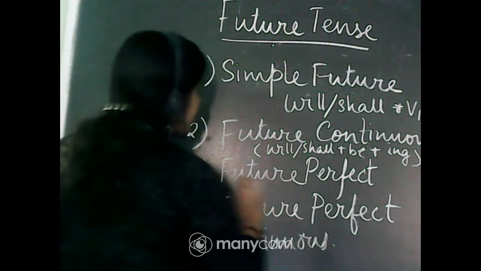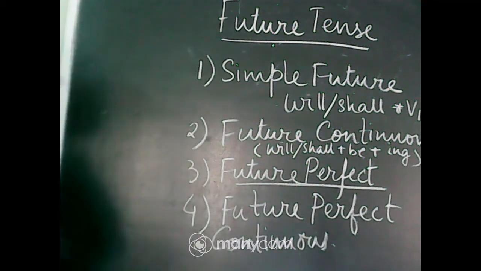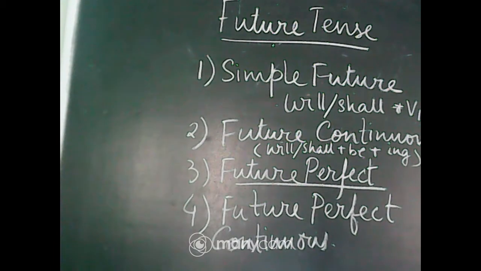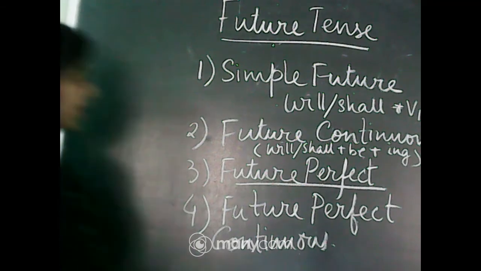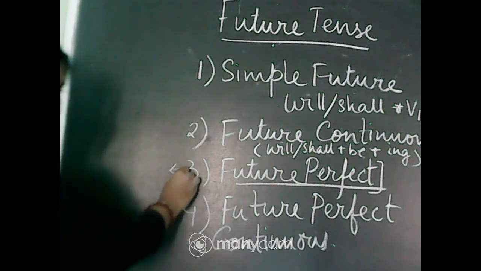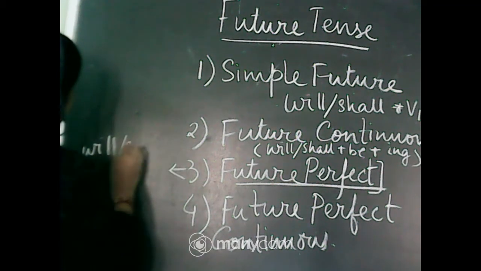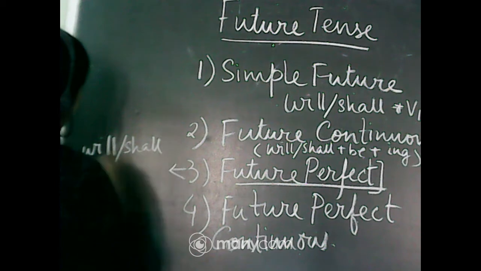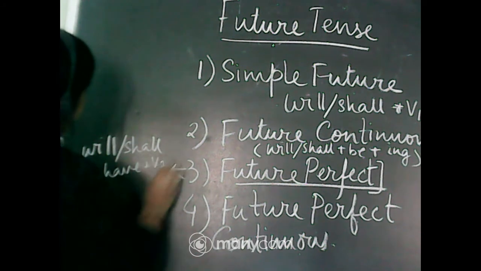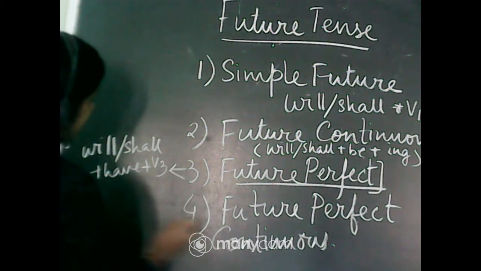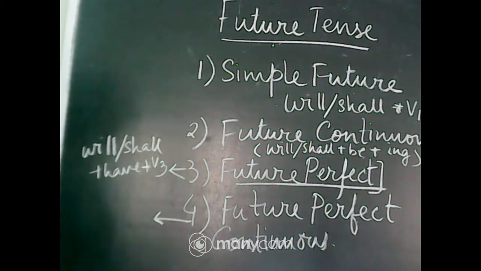Okay. Future perfect is will or shall plus have plus V3. Let me write it in this side. Can you see? Yeah, you can see this side also. Will or shall plus have plus V3. And future perfect continuous is, is it given in your book?